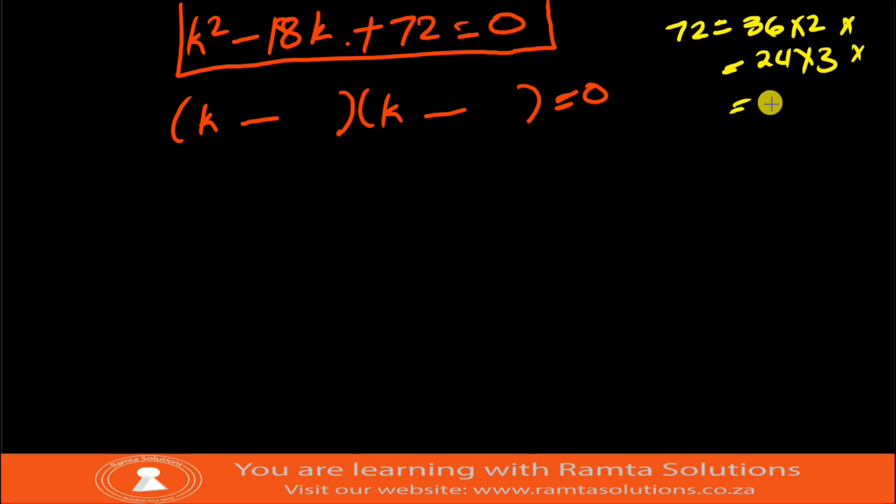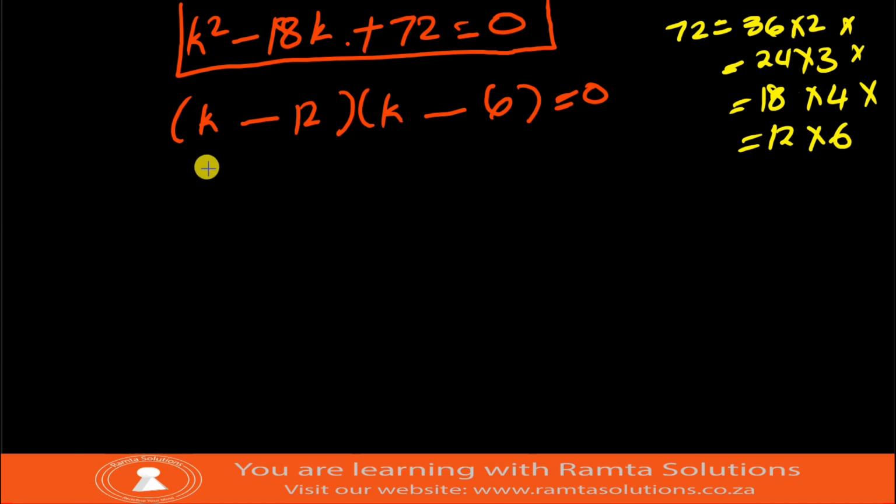If it's divided by 4, it'll be 18, it also doesn't work. If it's 6, it looks like it works. 12, so 12 can work. Now I will say my factors here are 12 and 6, and I'm right because this here is positive.